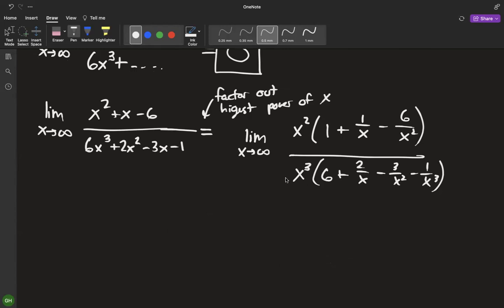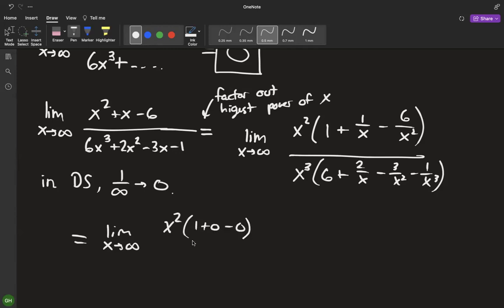And then in direct substitution, everything that's a number over x as x goes to infinity is 0. So basically, this is equal to the limit as x goes to infinity of x squared times 1 plus 0 minus 0 over x cubed 6 plus 0 minus 0 minus 0.